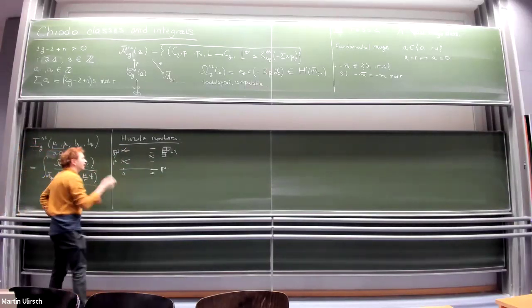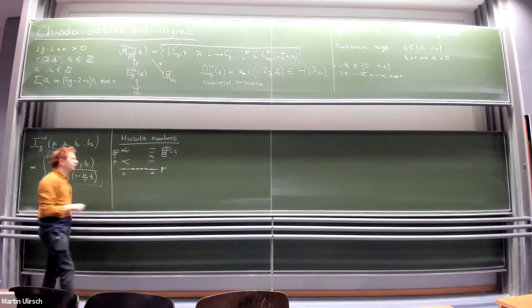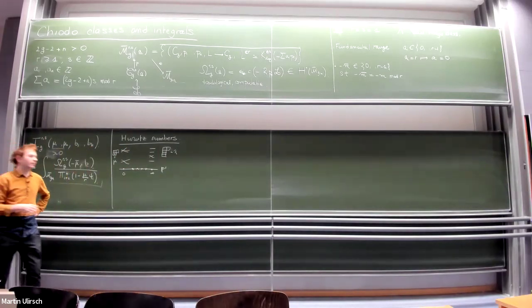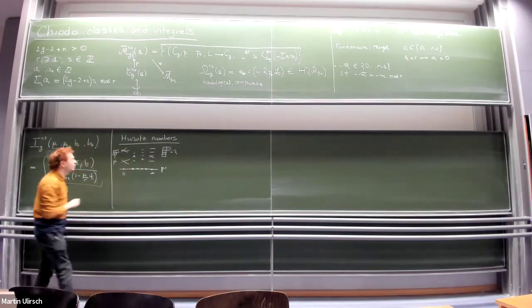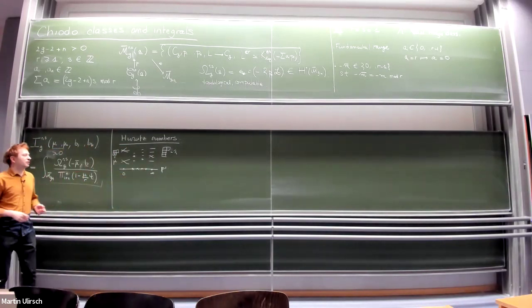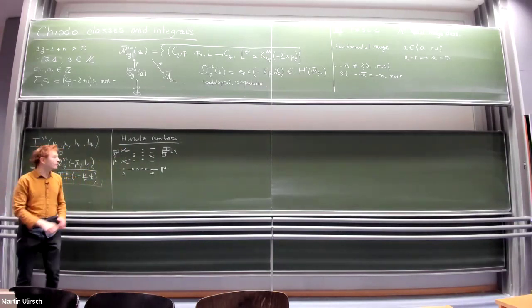In the middle, you may have some other points, where you don't necessarily want to specify what happens. You may have some triple ramification, some double ramification, and so on. And then, of course, you need to complete the picture in a curve which maps with the branched cover to P1.